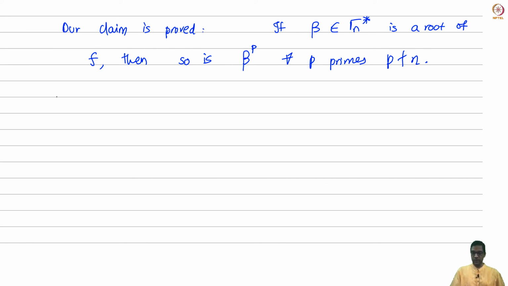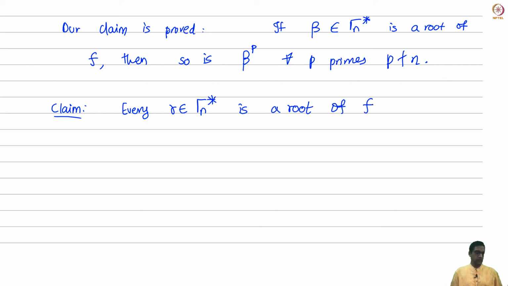So from this we make a further claim. This means that every gamma in gamma n star is a root of f.